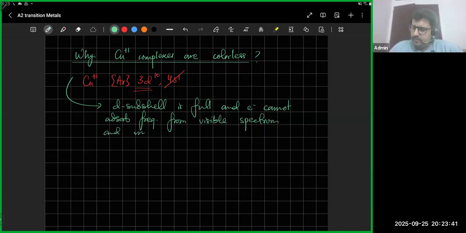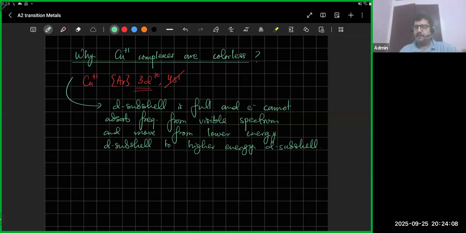And they cannot move from a lower energy d subshell to a higher energy d subshell.